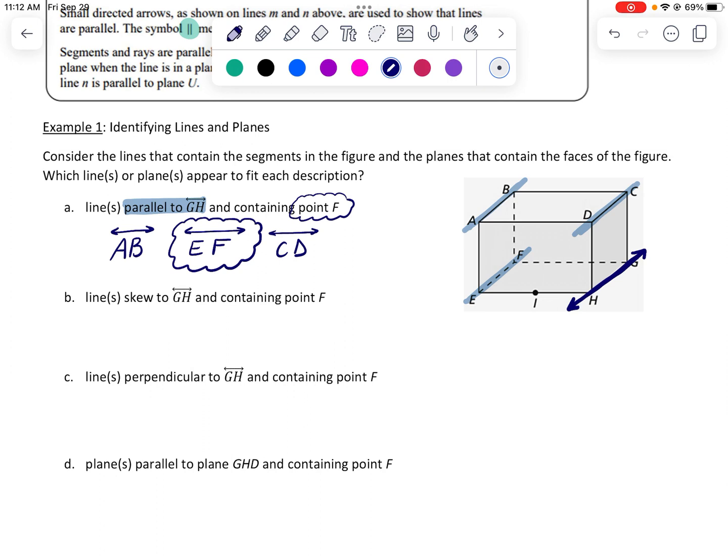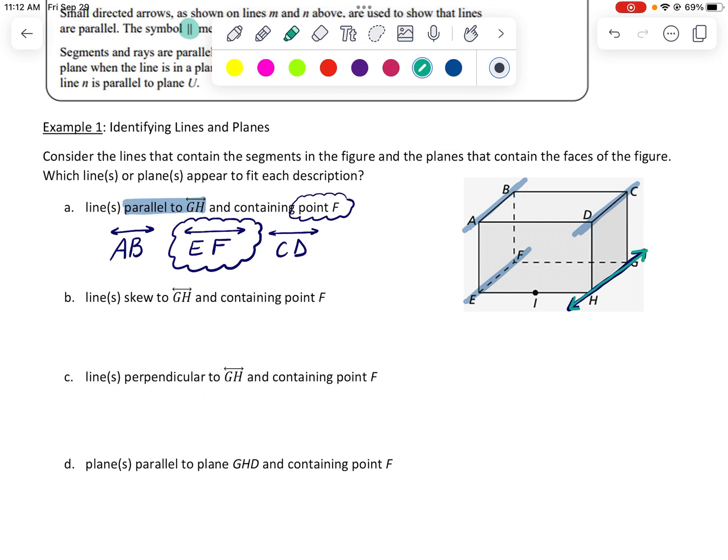Okay, looking at the next one, we're going to list skew lines, and we're doing it to GH as well. So I'm going to change my color here, and here is GH again. And I'm doing skew lines to GH. So remember, they cannot be on the same plane, but they do not intersect.